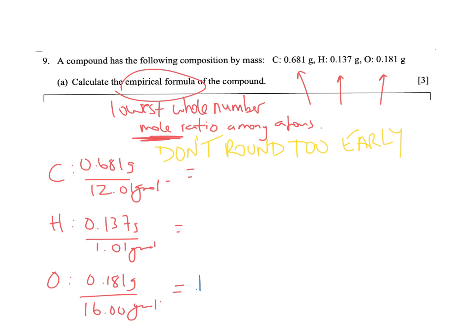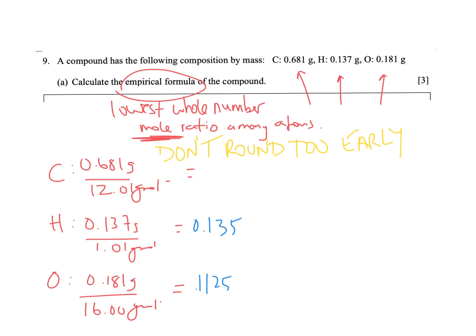There we go. You get 0.1125 for that one. You get, for the hydrogen, 0.135 roughly.